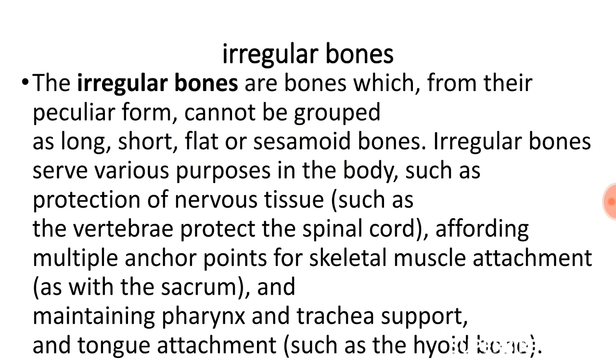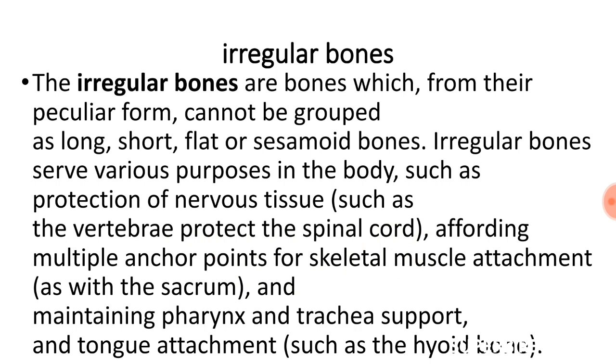The irregular pia zina provide surface nyingi kwa ajili ya attachment of the muscles. Kutokana na ile structure ilivyo, they are irregular, pia zina provide the multiple anchor points kwa ajili ya attachment ya skeletal muscles.